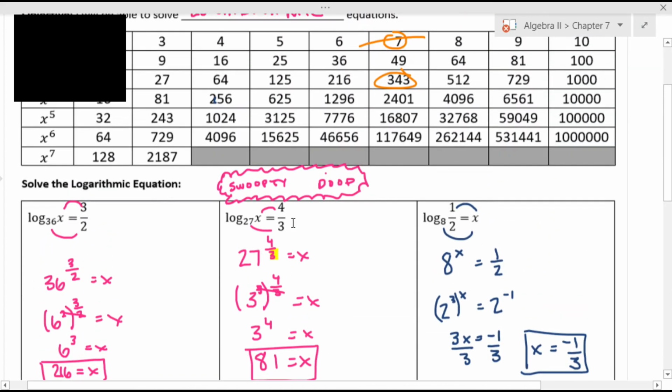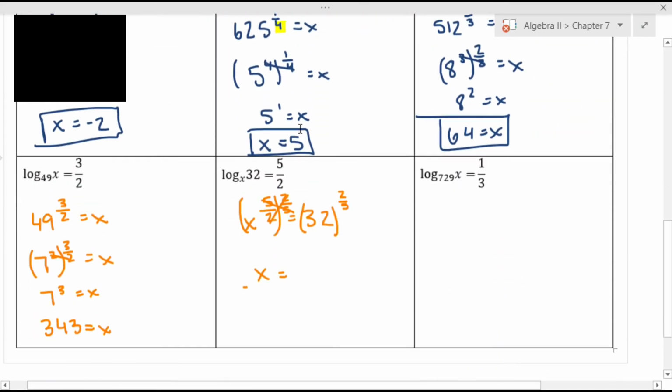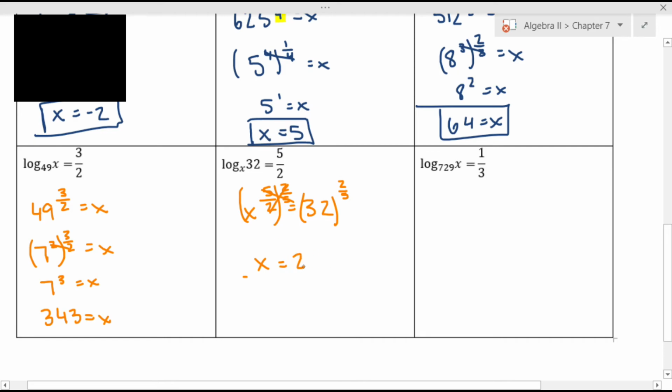What can I rewrite 32 as so it has a power of 5? Oh, it's 2 to the 5th. This one was tricky. 2 to the 5th to the power of 2/5. The 5's cancel out. I get x is equal to 2 squared. So x would be equal to 4. That was tricky. I don't think I'm going to give you one like that.